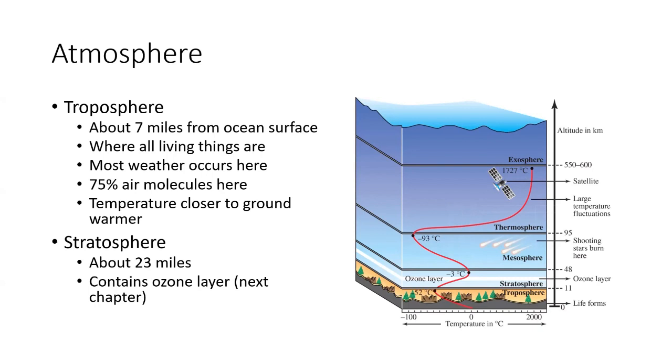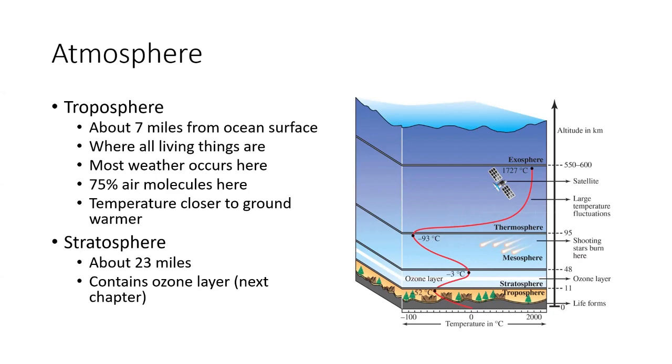paradox there. All right, and then the International Space Station is at 250 miles up. So it's partway through the thermosphere. And then beyond that is the exosphere. We consider that to be outer space.